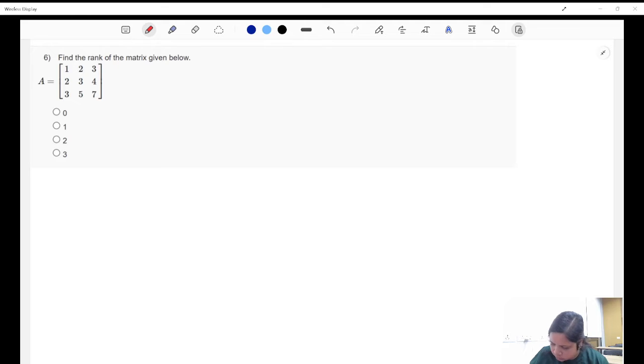So if this is the matrix that you are given, how would you find the rank of the matrix? Just looking at it, we do not get a sense of whether it is linearly dependent or linearly independent.